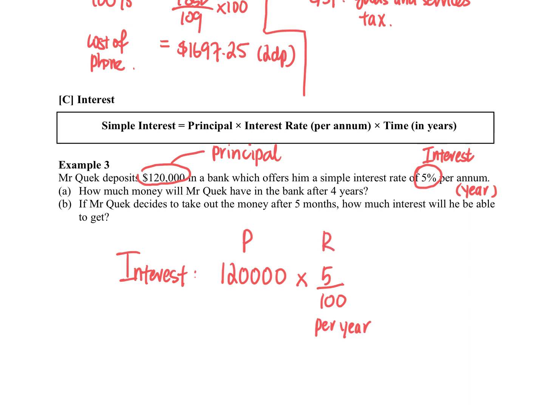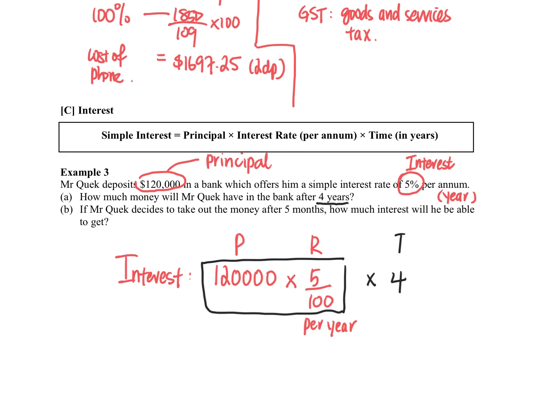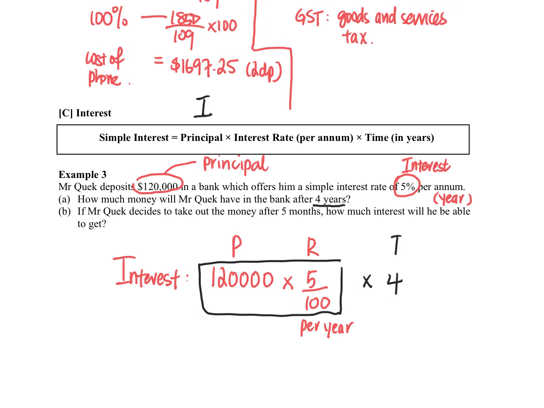This is only for 1 year. But I want to find for 4 years. So I times 4. Okay? So actually, you are just doing your normal calculation, but they came up with a formula for it. They say interest is P R T over 100.